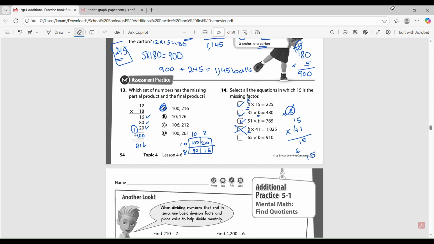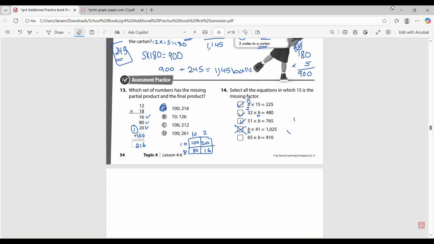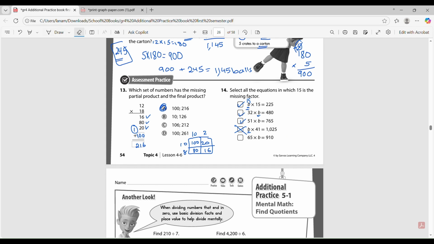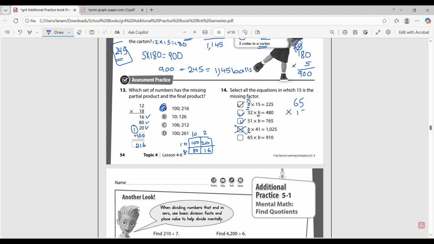I have 65 multiplied by 15. So 65 multiplied by 15, because the variable here is 15. 5 times 5 is 25. 5 times 6 is 30, plus 2 is 32.